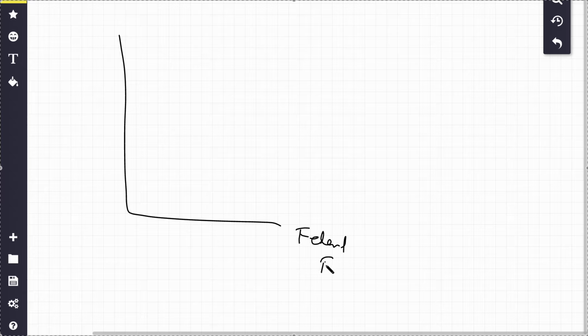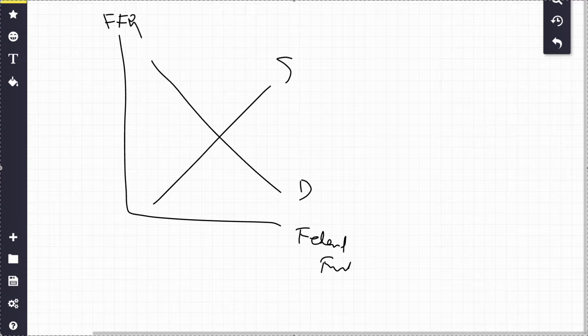So I can actually draw supply and demand very quickly. This is the federal funds market, and we have the federal funds rate, and it's a supply shock. We have demand and supply, and this will be new supply because the Federal Reserve purchases government bonds that commercial banks own.